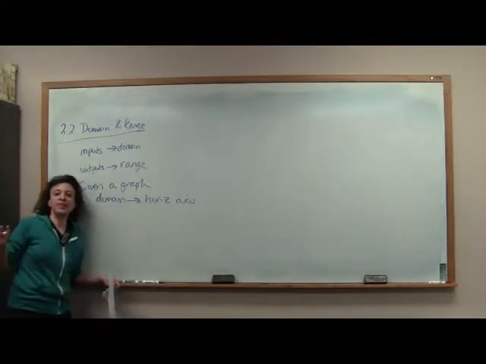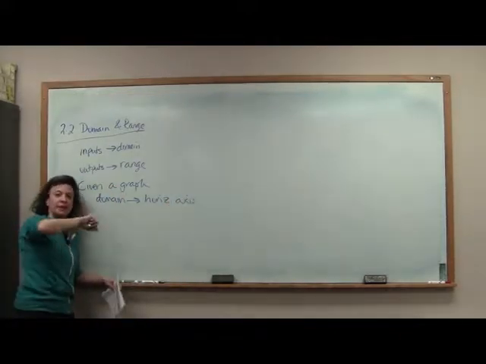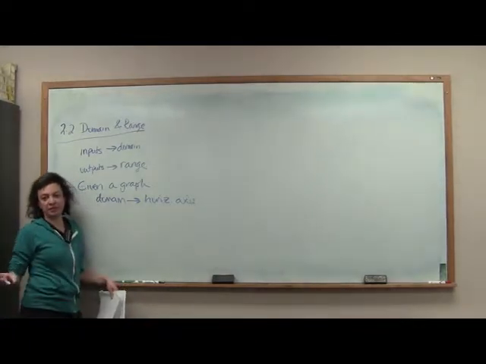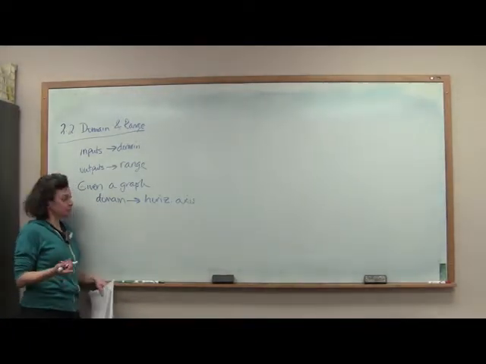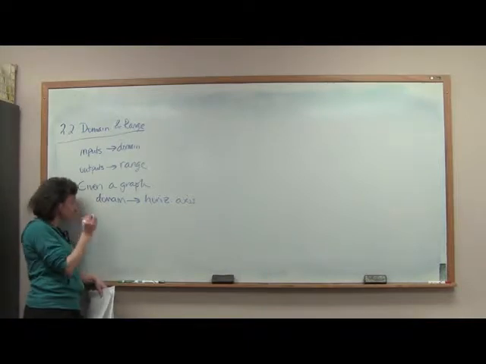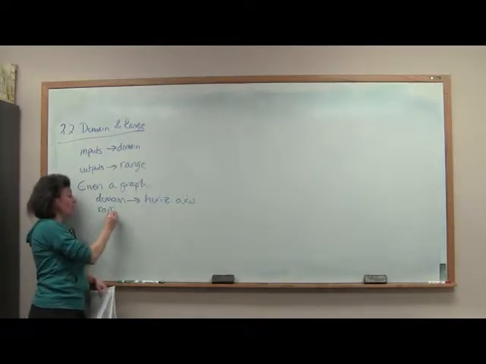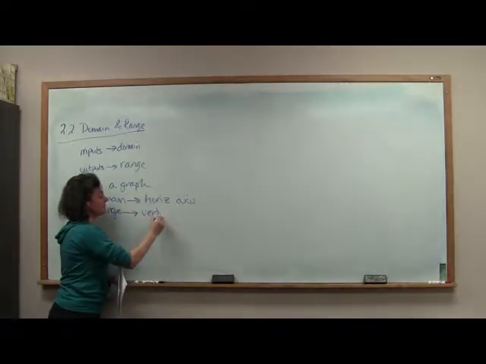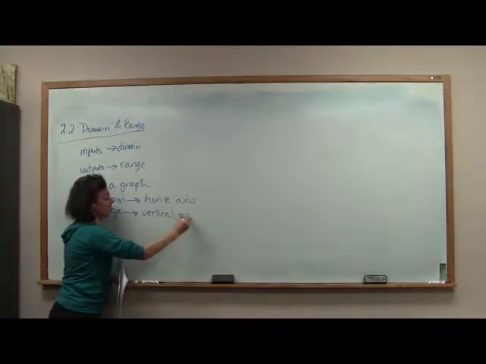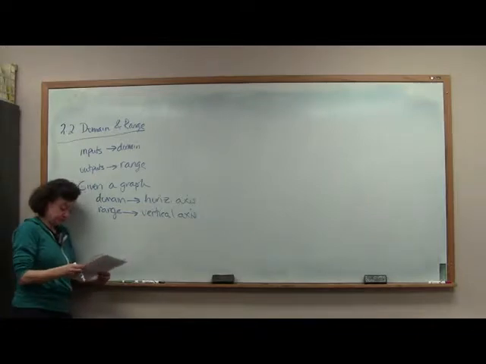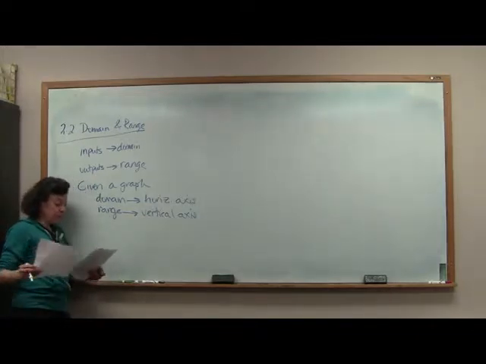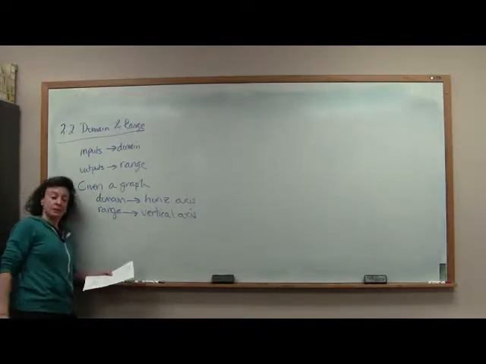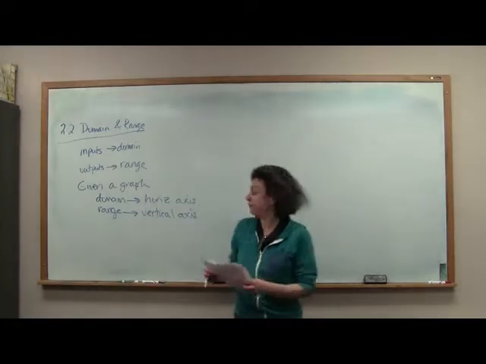I usually think of that as my x-axis, but sometimes we talk about functions of time, and therefore time would be our horizontal axis. And our range are our outputs or our function values, so those correspond to our vertical axis. Keeping that in mind, let's look at a couple of examples.